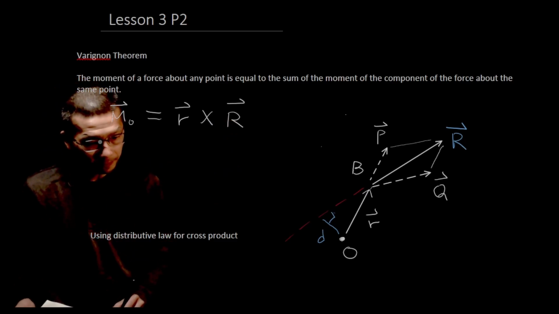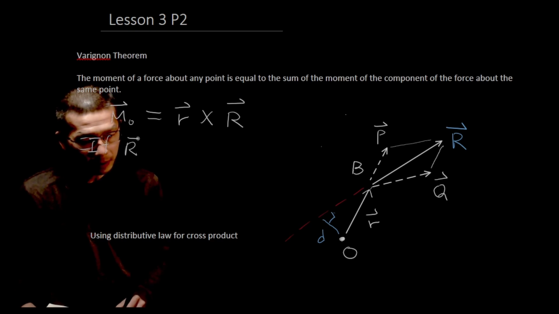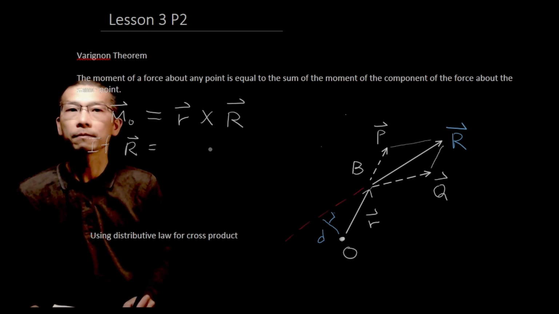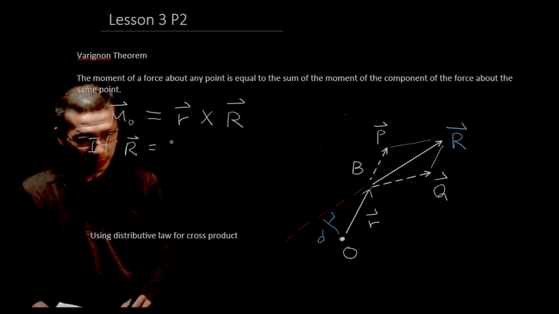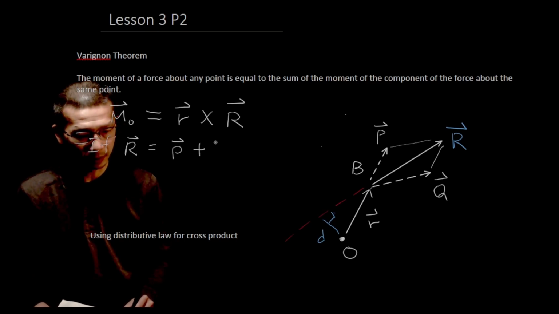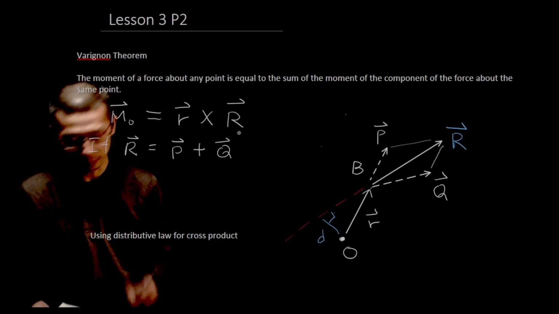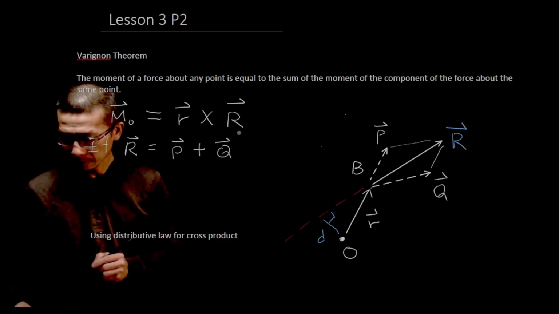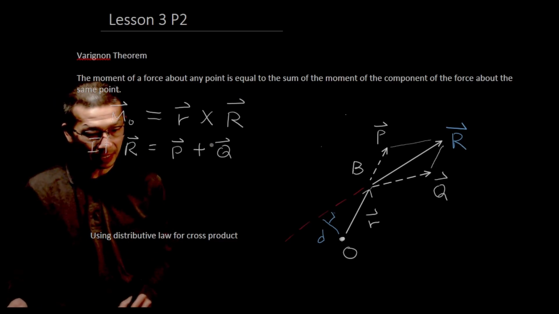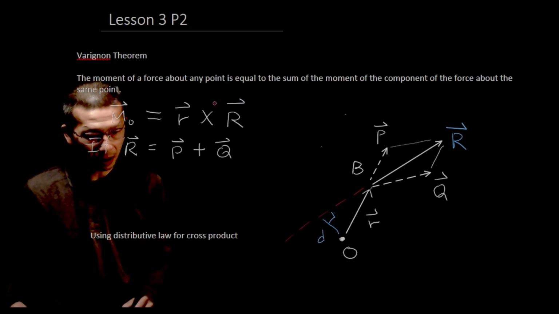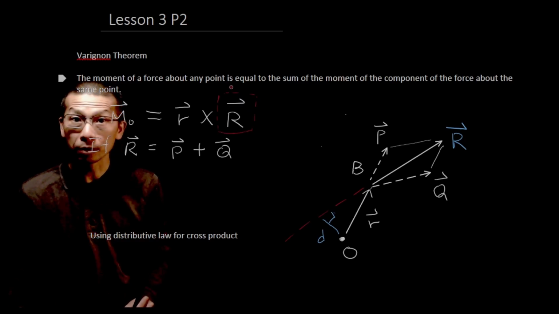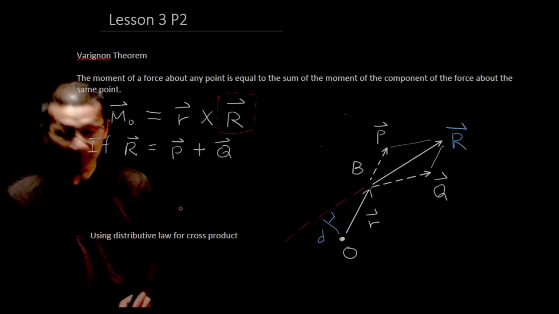And let's say R is equal to, well, not if, R is equal to vector P force and then another vector Q force. So in that case, we can replace this R here. We can replace this R with P and Q.